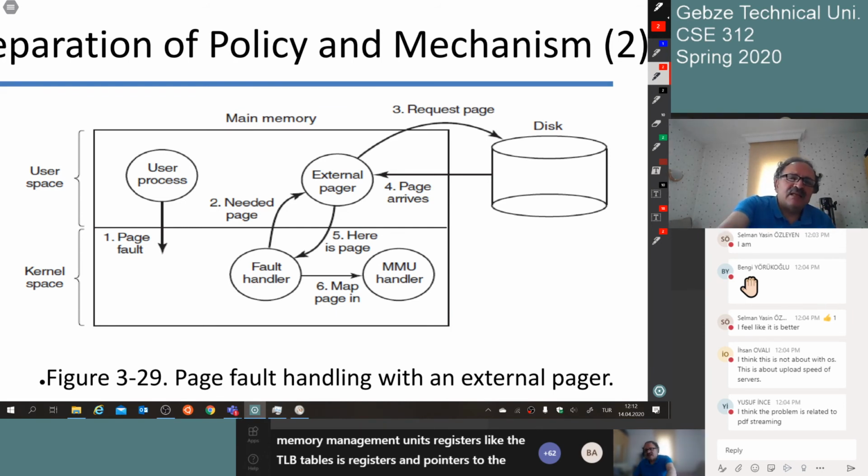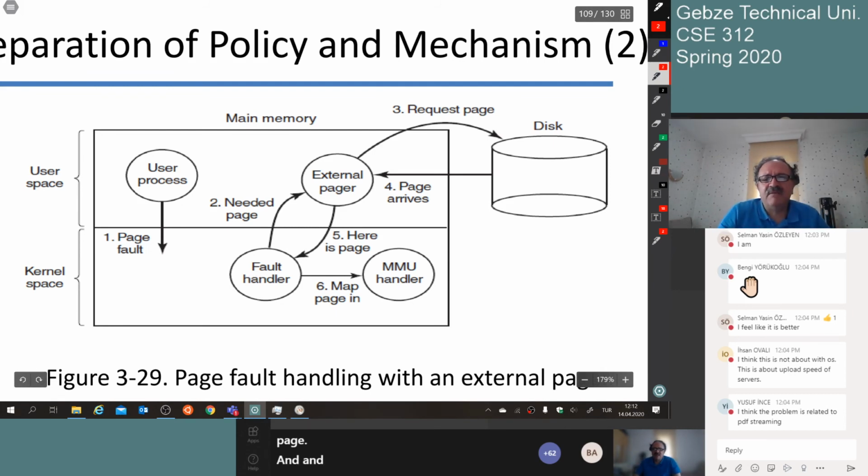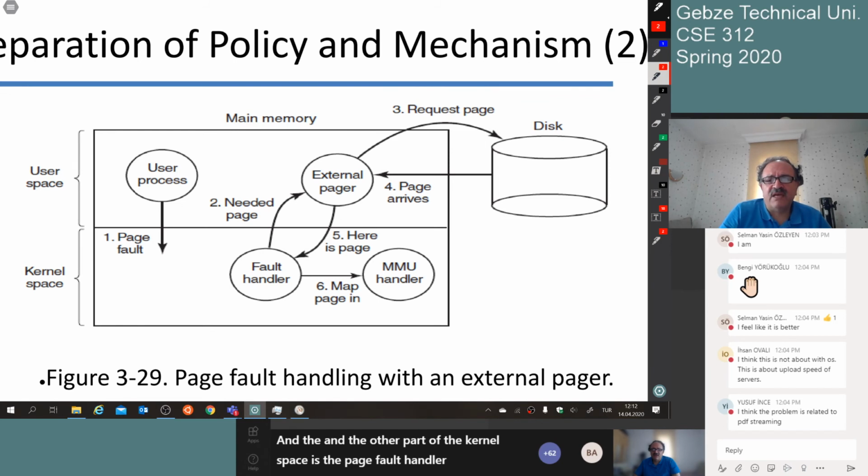The other part of the kernel space is the page fault handler, which is responsible for doing whatever the operating system does when a page fault happens. We looked at those 8 to 10 steps of handling page faults, right? That was the page fault handler.